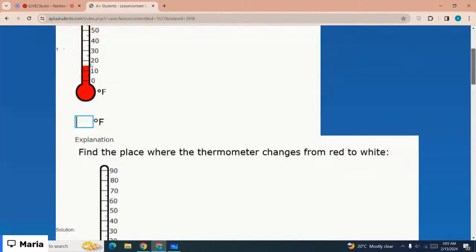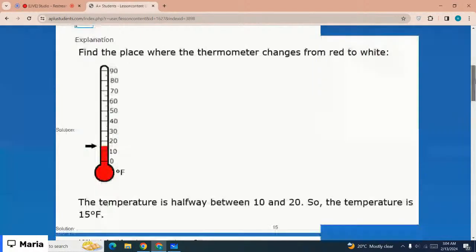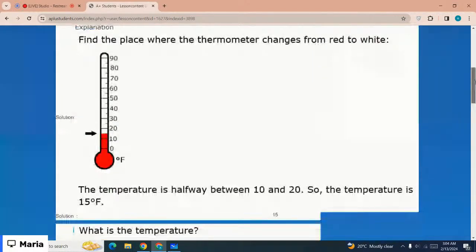This is exactly midway between 10 and 20, which means the temperature is 15 degrees. The unit is also mentioned here, 15 degrees Fahrenheit. That's basically halfway between 10 and 20, so the temperature is 15 degrees Fahrenheit.